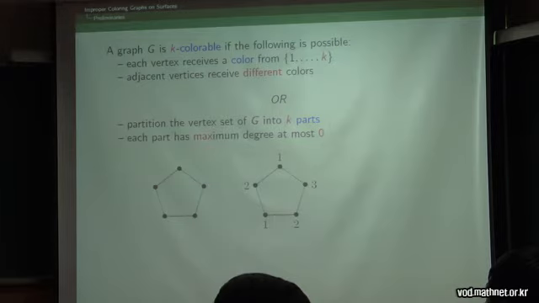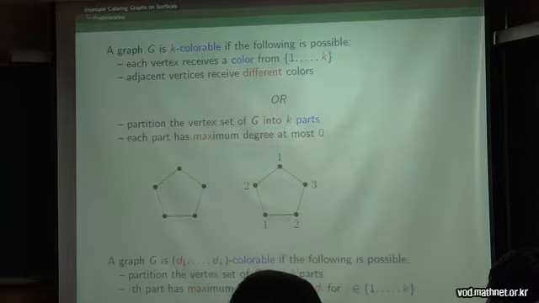But maybe this condition is too strong. Maybe you want to do something similar, but relax this condition on coloring. So we're going to relax the condition in this way. Namely, we say a graph is (d1, ..., dk)-colorable if there's a partition satisfying two things.